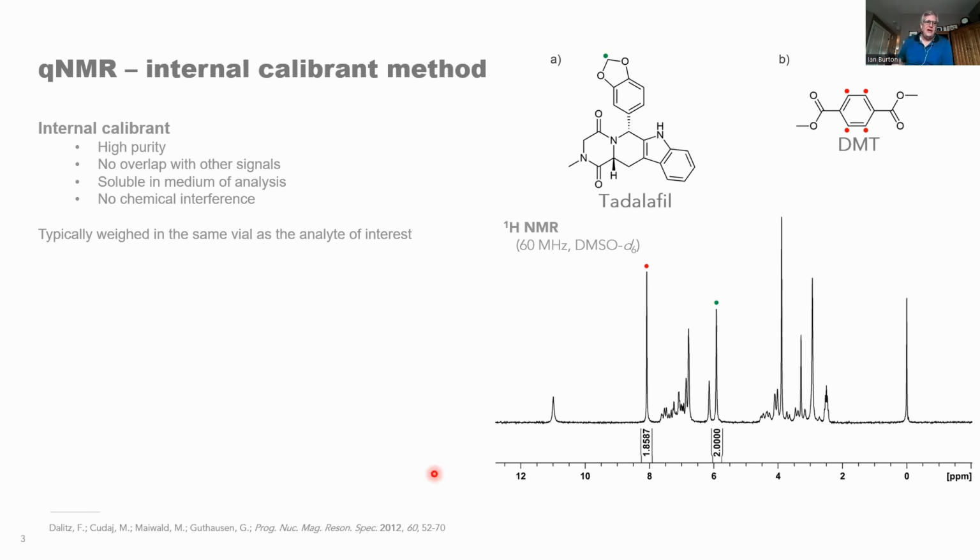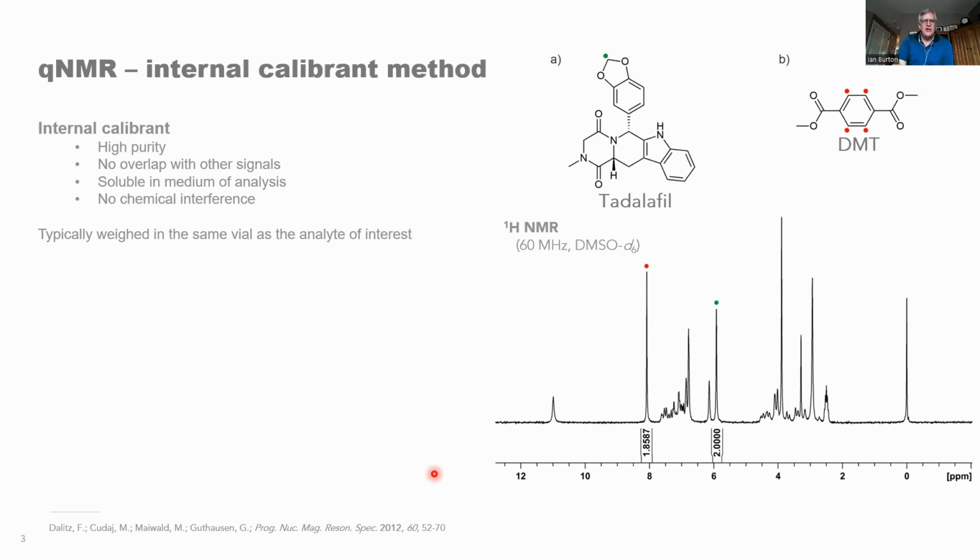A lot of times, the internal standard may be added to the solvent used in bulk so that you have a consistent internal standard measure in your solvent. This is generally how we do internal standard NMR in our lab.